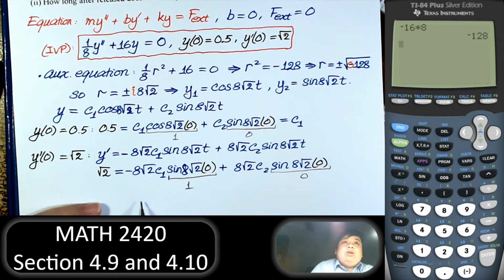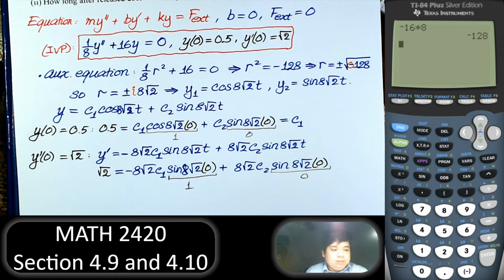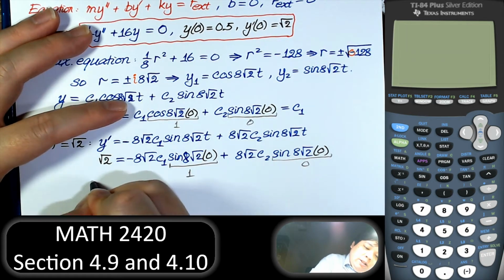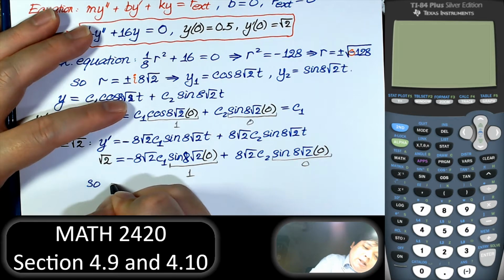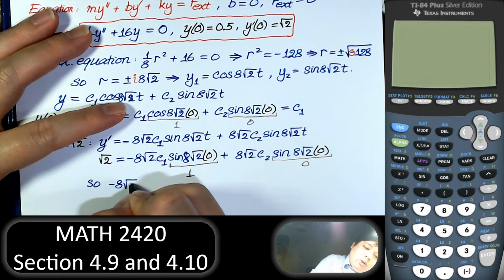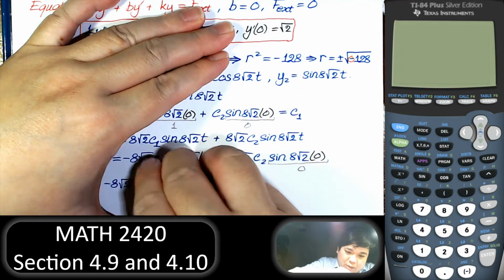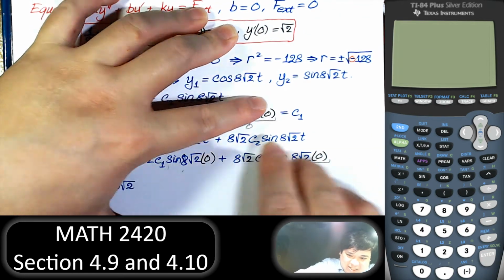Right. So of course from here we can get c2. Negative 8 square root of 2. I got them backward, did I? Sorry.